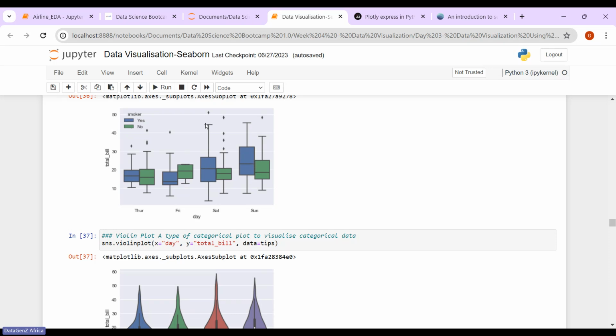And they pay so much. They are our highest customers in the eatery. They are high profile customers, so we need to pay more attention to them. That shows the company how to target their marketing and design their marketing strategies.